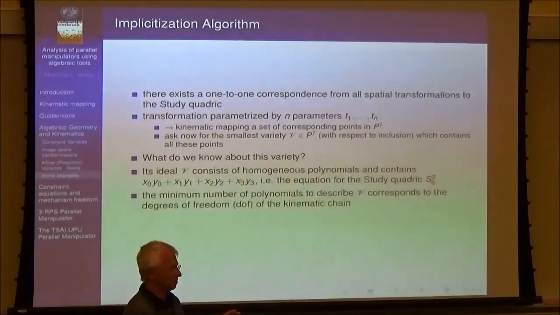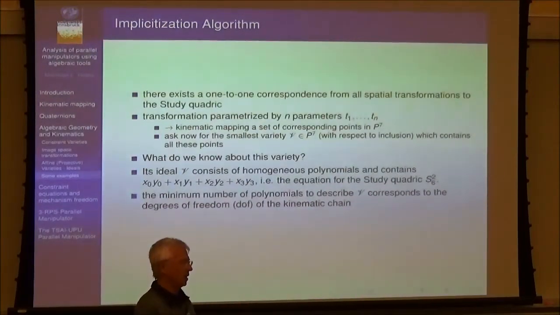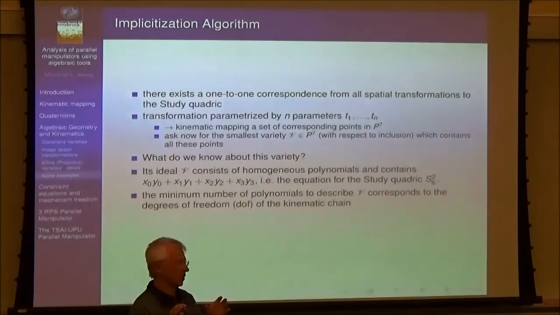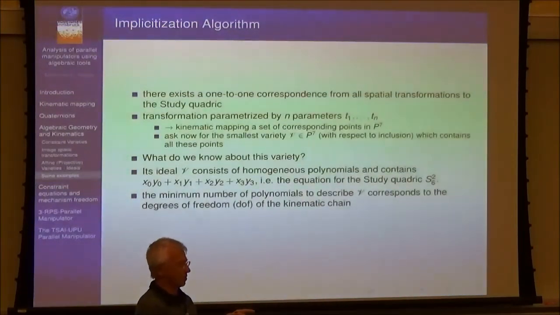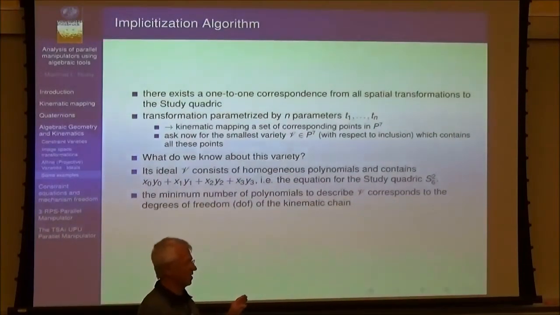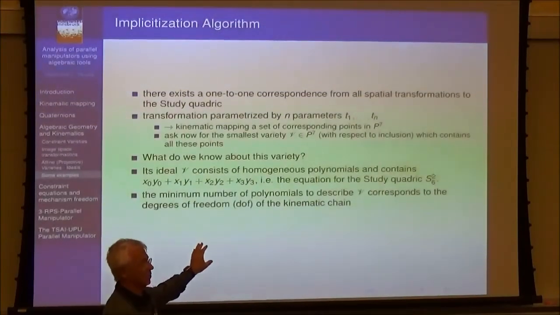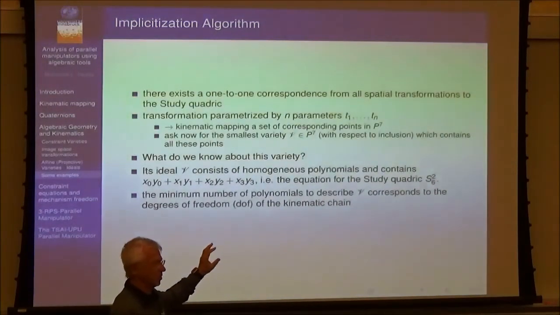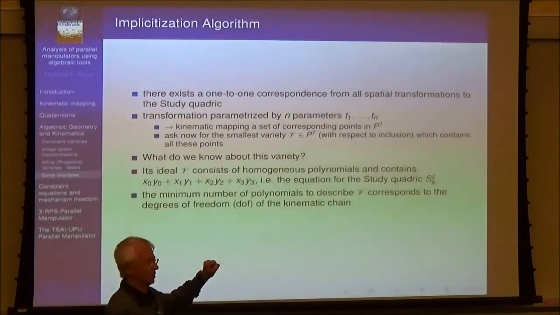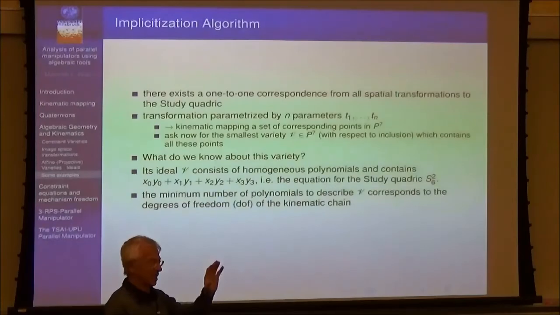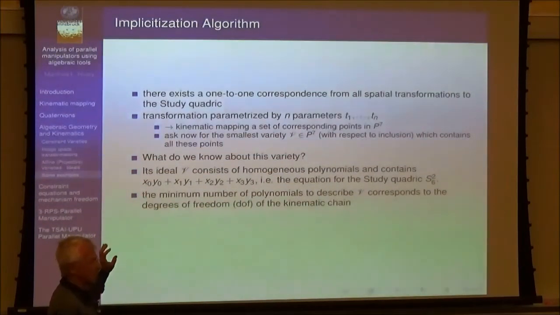When you have an implicit equation of your object, and you have a parametric equation of your object, then the parametric equation must fulfill the implicit equation. This is the basic idea. And instead of going through this, I will show you a simple worksheet, which you also will get, of how this works. Don't laugh at this example, because it shows you how this algorithm works.